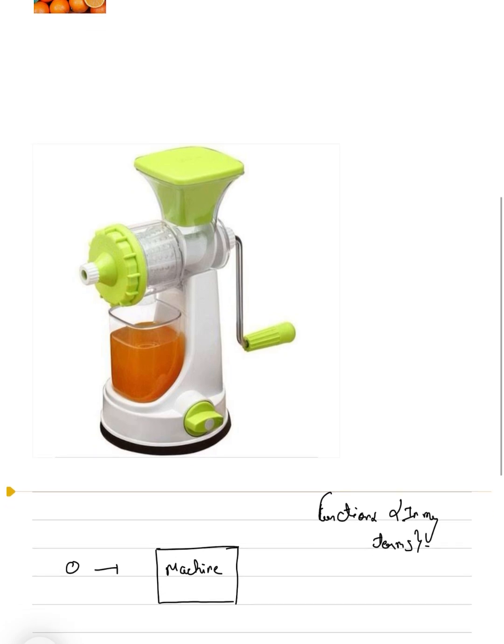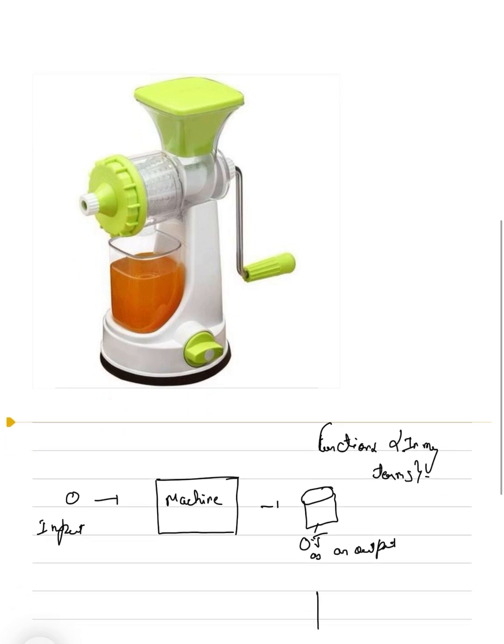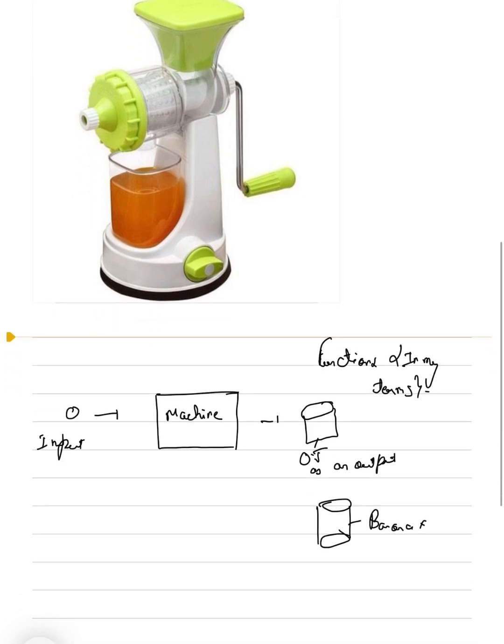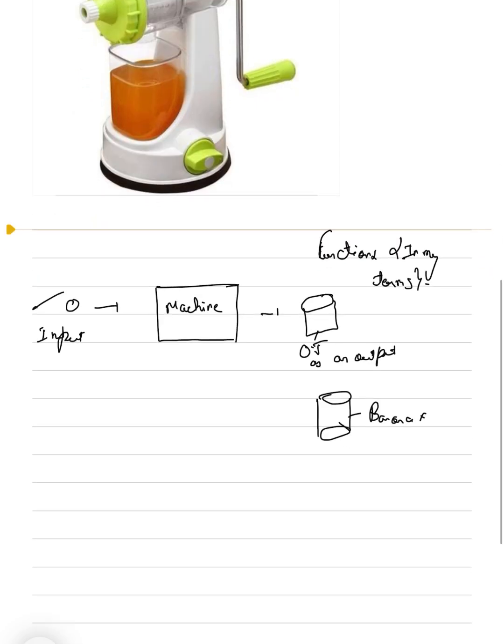If I put oranges in as an input, then I am definitely getting a glass of orange juice as an output. Is it possible that I am going to get a banana shake? No, it is not possible, as I have provided oranges as input. So if you provide a specific input, then you get a specific output for that.